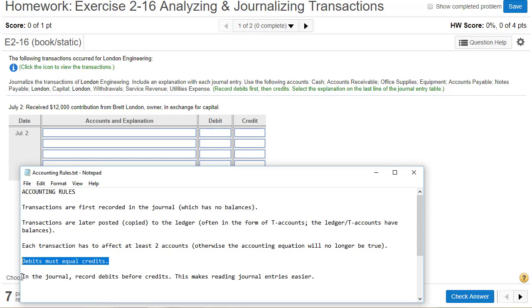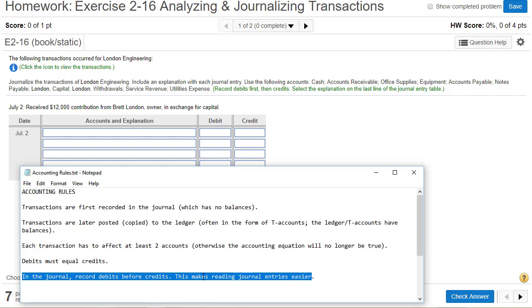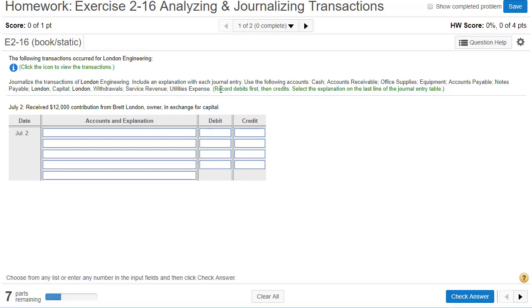And the last main accounting rule in this journal, to make things easier to read, we're just going to record our debits first and then our credits. And MyAccountingLab reminds us, record debits first, then credits. And often MyAccountingLab will have us include an explanation down here at the bottom.